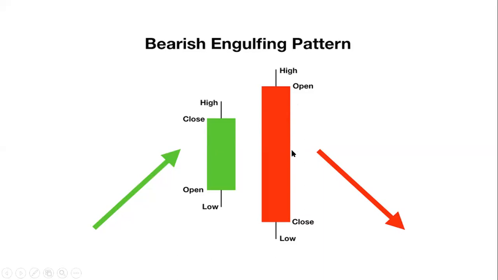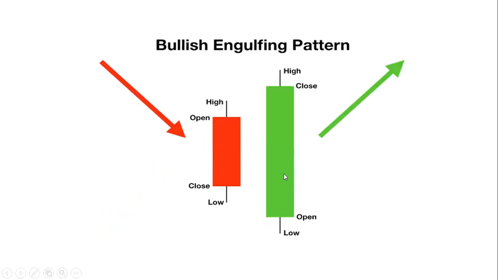Then you see something like this, close to this small one, and you are seeing this on a resistance zone or on a turning point, you know that this is selling power. You can sell after this candlestick has closed. This was the highest it got. This was the opening. It got to this place at the lowest, but eventually closed here. This is a selling signal.